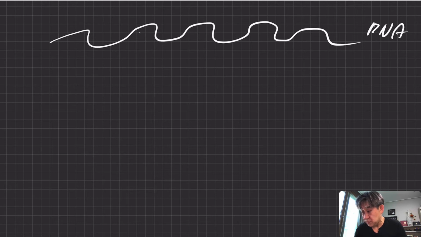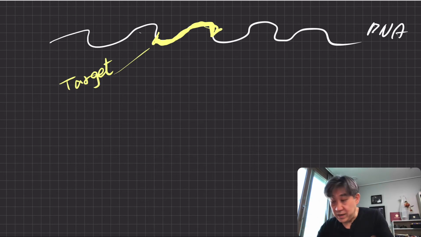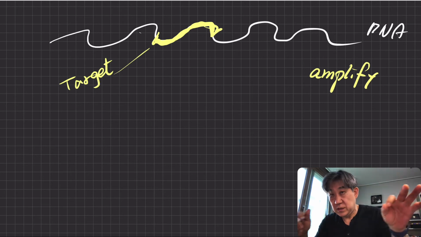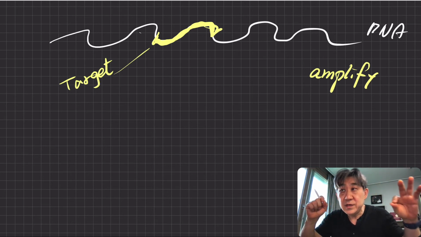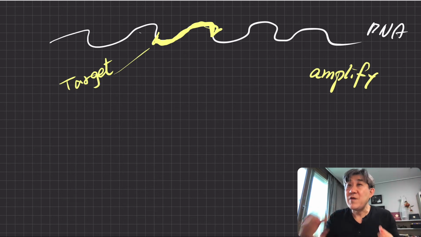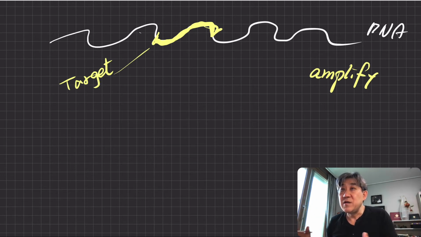You are trying to amplify, so let's say this is your whole DNA on the chromosome, and if this area is your target you want to amplify, PCR technology does this by running DNA replication in several rounds in succession, usually about 30 times of repeated DNA replication reaction.